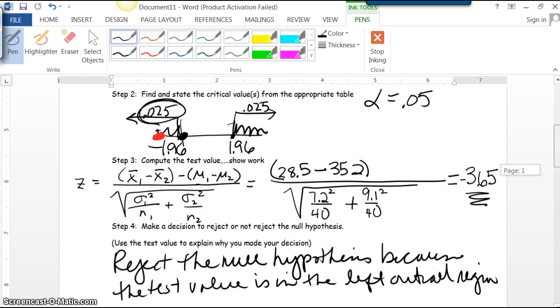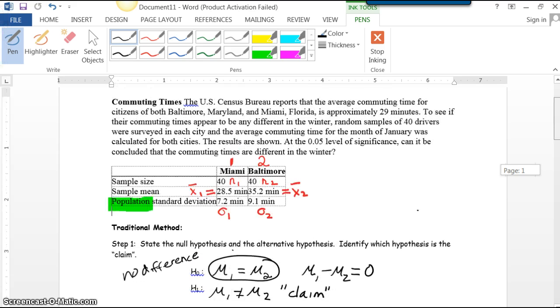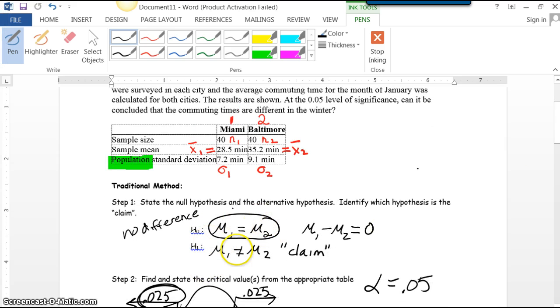I'm going to slide up and have you look at the hypotheses. So we're actually rejecting this null hypothesis, which means this alternative is true and the claim is attached to that. So it means the claim is also true, and the claim is that the commuting times are different in the winter.